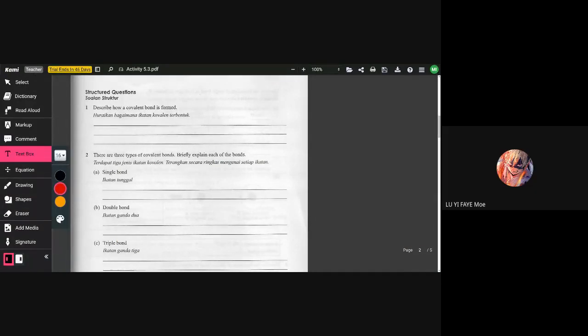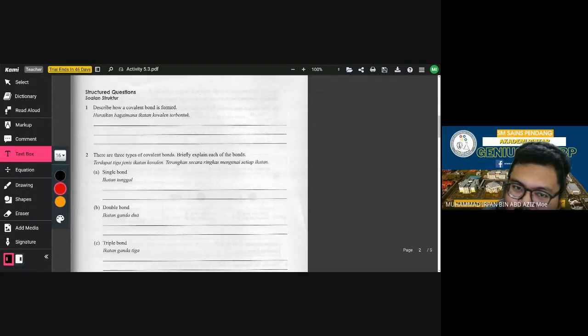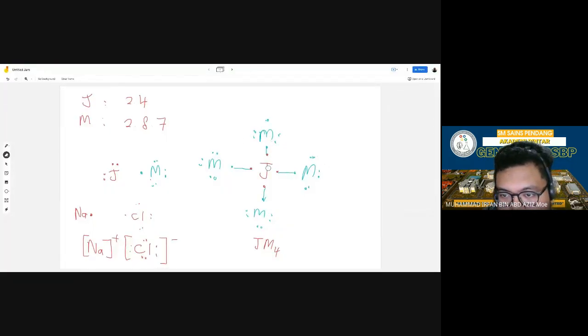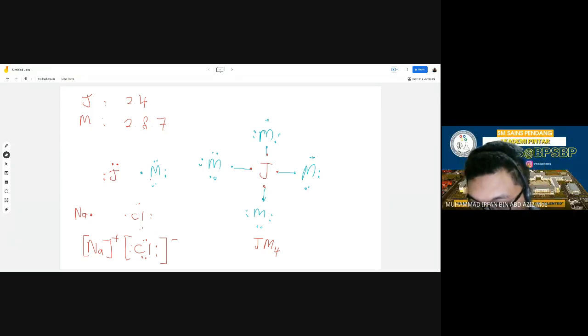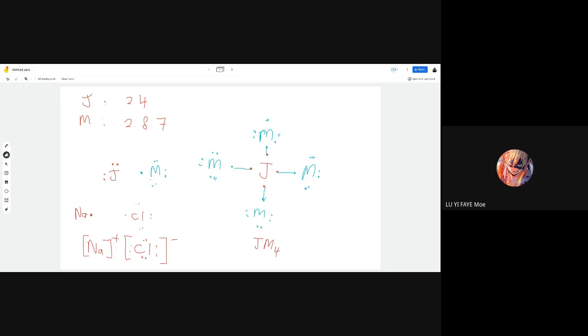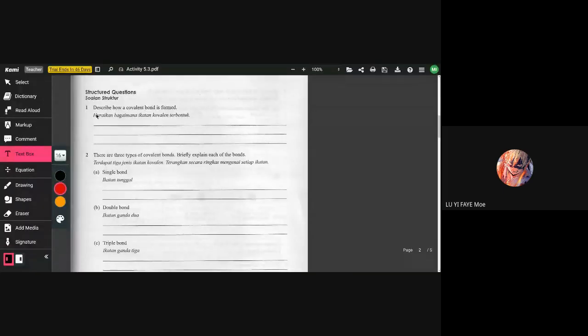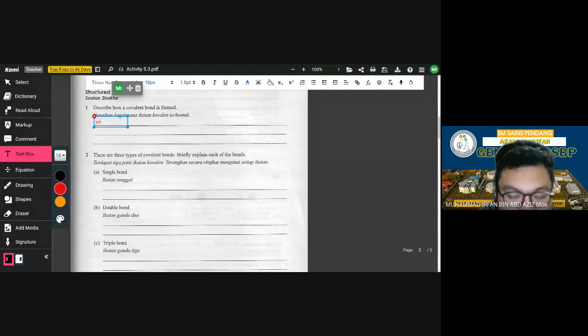Two atoms sharing electrons to achieve the duplet and octet rule. That's for 1 mark. For 2 marks, it is a yes answer like that.